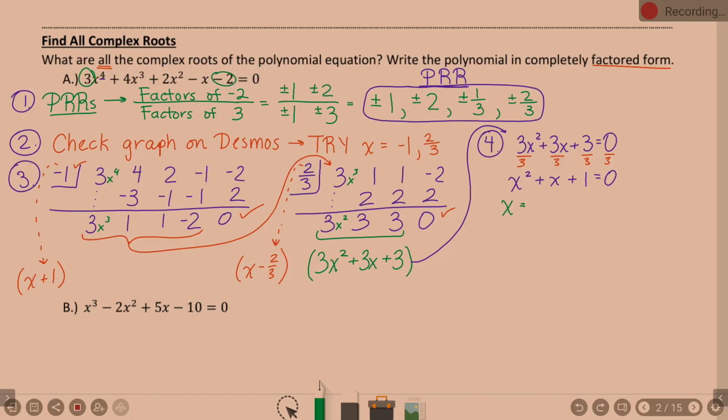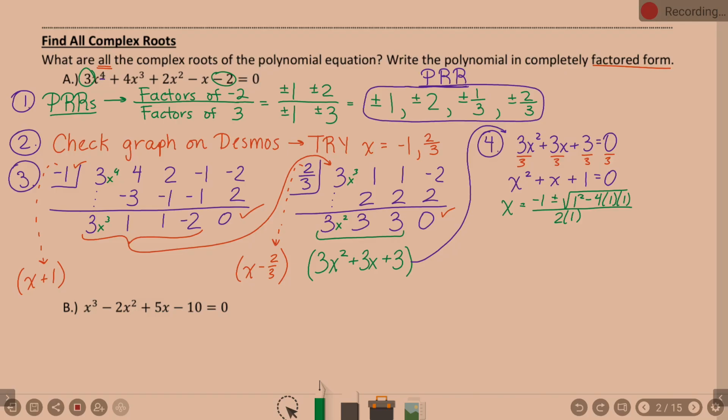Negative B. What is B? What are A, B, and C? All of them. 1, 1, 1? Yes? So negative B, negative 1, plus or minus the square root of B squared, so 1 squared, minus 4 times A, which is 1, times C, which is 1, all over 2A, which is 2 times 1.